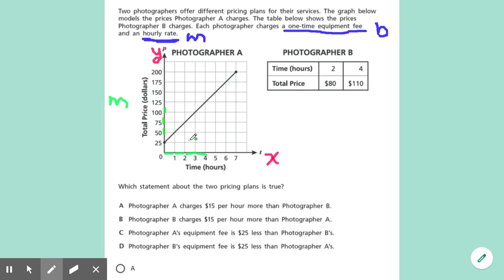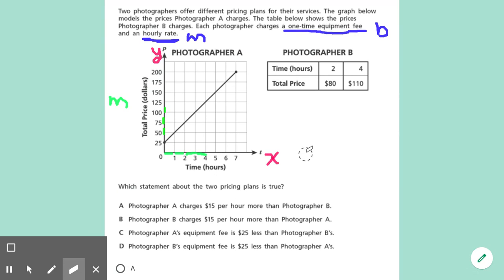Every time I go up from here to here, I'm going up 25. If I go from here to here, that means 25, 50, 75. So keep that in mind as you work on the graph. And that's hint number 2.